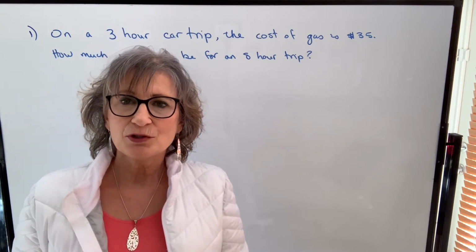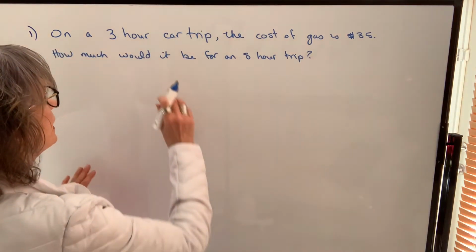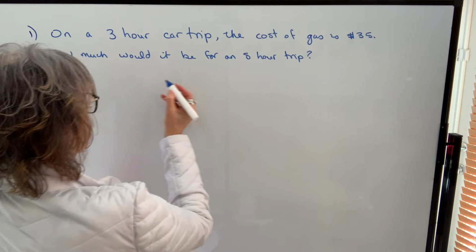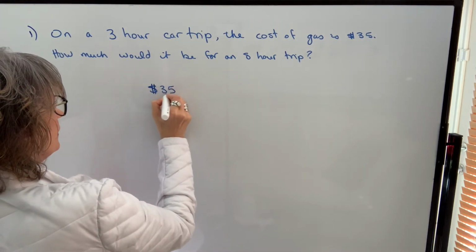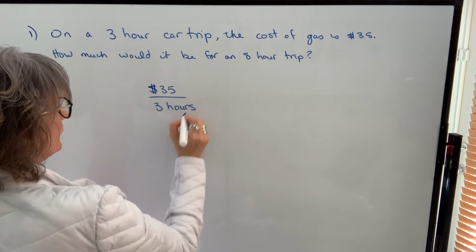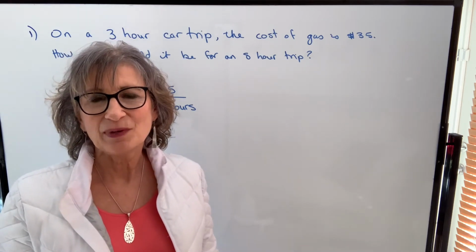So when you set up a direct proportion, you set up a ratio of the two values. So if we have a 3-hour car trip costing $35, I'm going to set up a ratio of the money over the time. From that, you could just calculate how much per hour you would be paying.